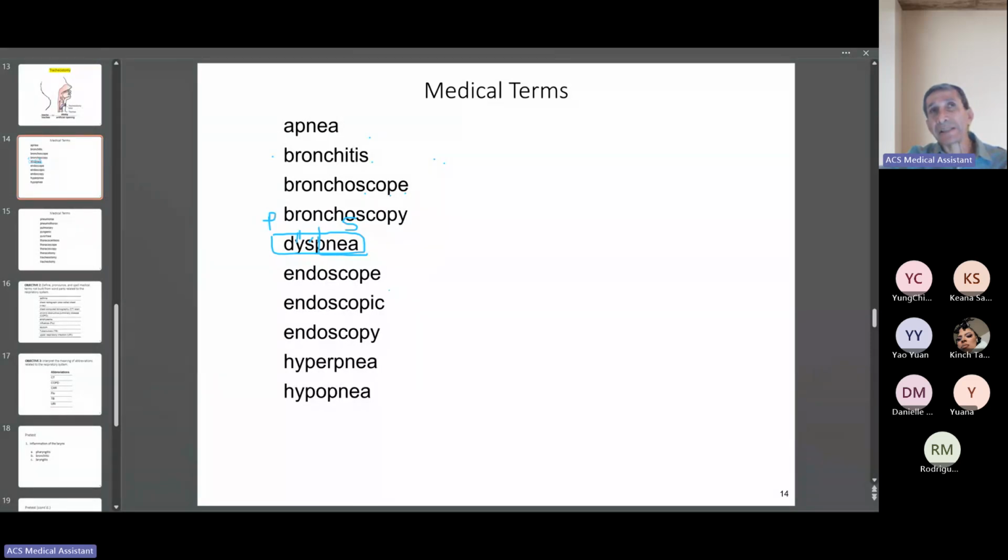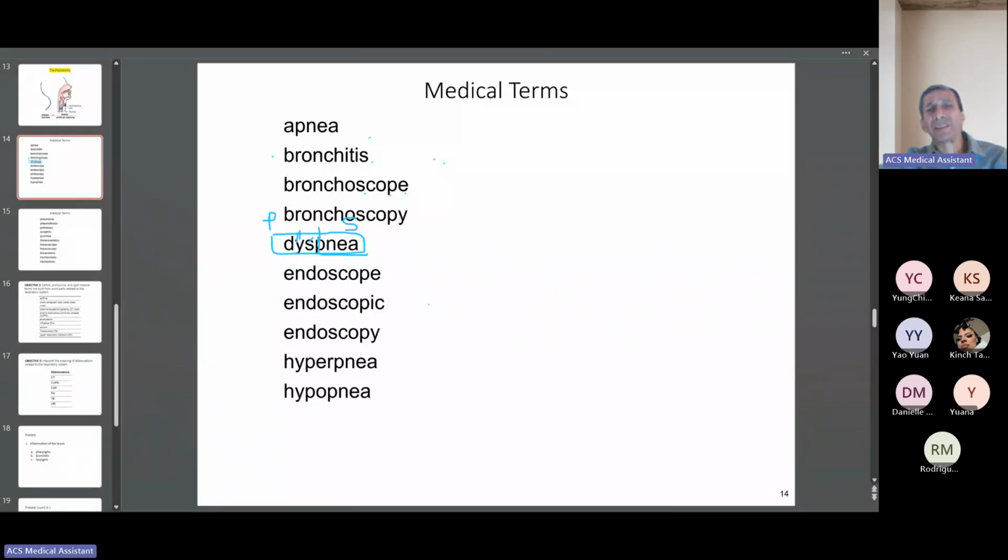Now, if the patient says that they have pain when they try to breathe, then we can use dyspnea anyway, because it means painful breathing, difficulty breathing, labored breathing. Remember, labor means that you have some type of issues there, but we're not going to use that term because that will be another medical term. The same when you go to the doctor and tell the doctor that you have problems when passing urine.